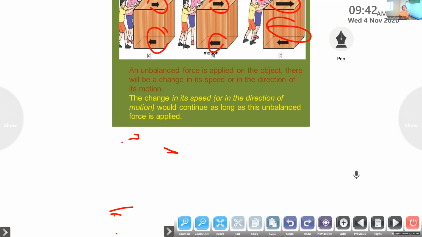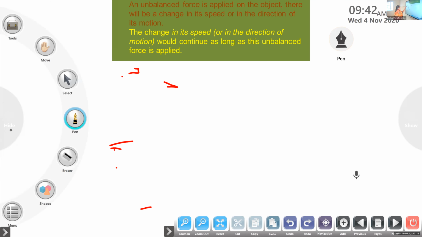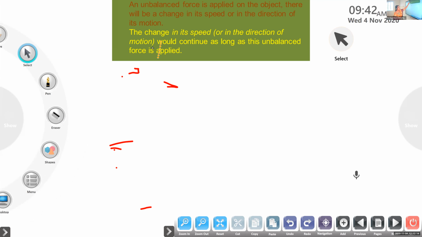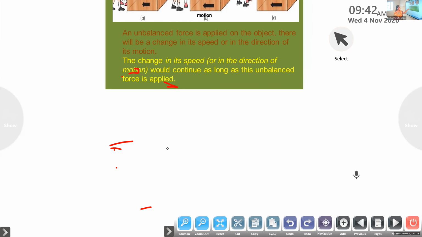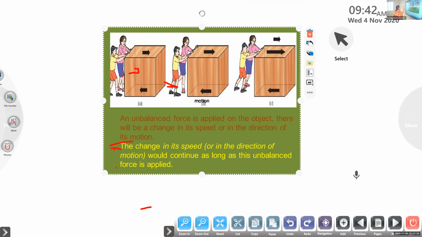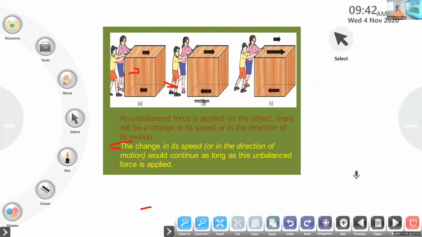A football is rolling constantly, and if you give it a kick, you are applying an unbalanced force on the football. Then the rolling football will speed up. So all these are unbalanced forces. Depending upon the situation, an unbalanced force can be anything.